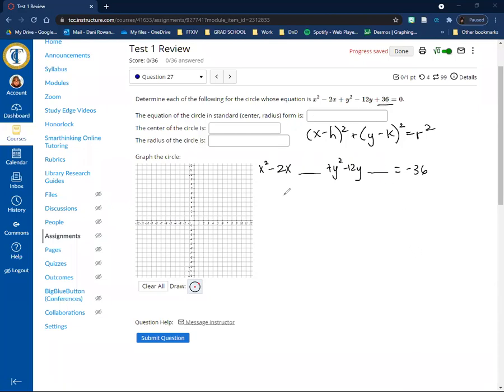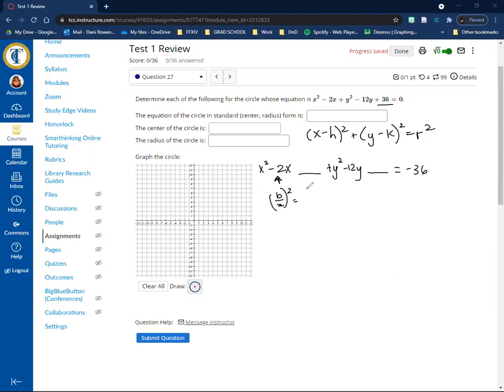Okay. So how do we find the value here that will make this x portion a perfect square? What do we do? You divide the b of negative 2x by 2 and then square it. You got it. We take this letter, b, divided by 2 and square it.